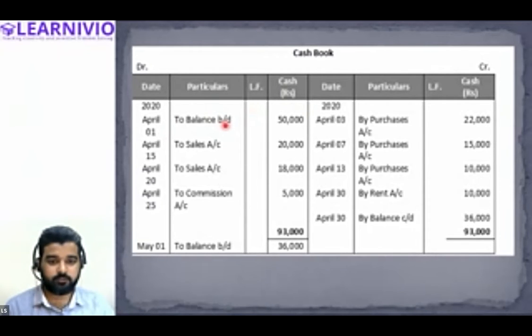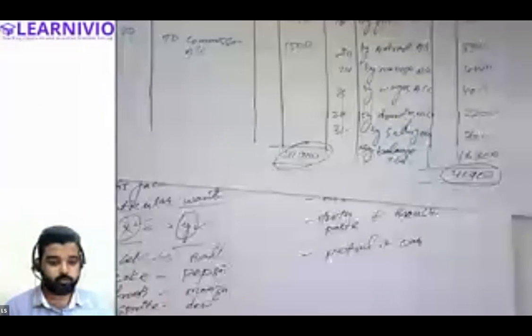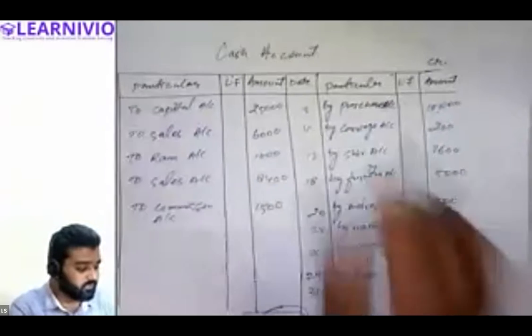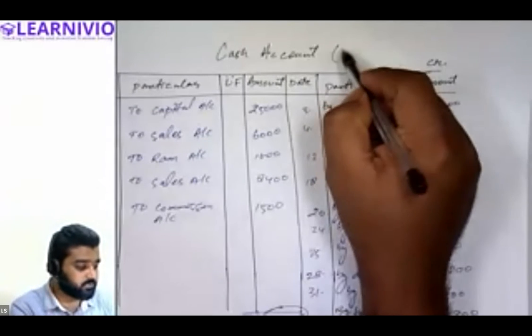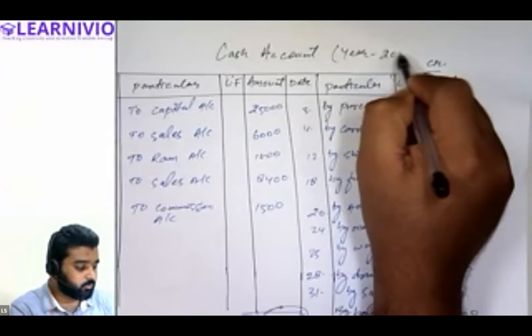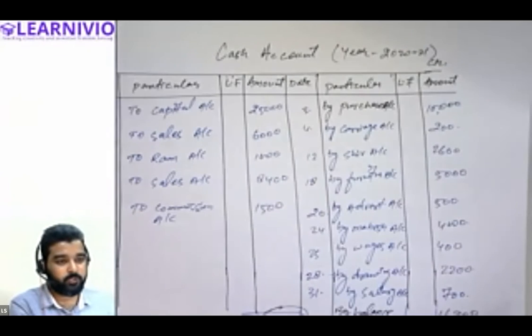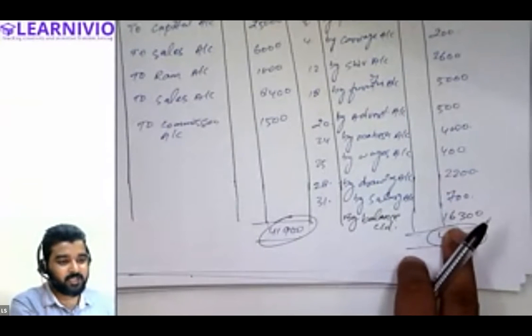Let me show you through. See, suppose this is year 2020. Let's say this is year 2021. So we were preparing the account for the year 2020-21. And at the end of the year, how much cash is left with us? 16,300.